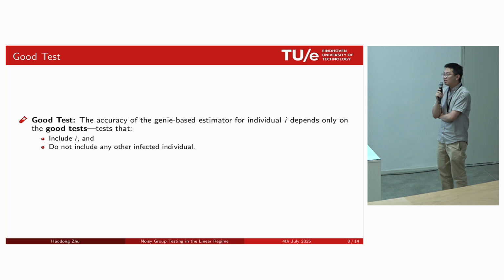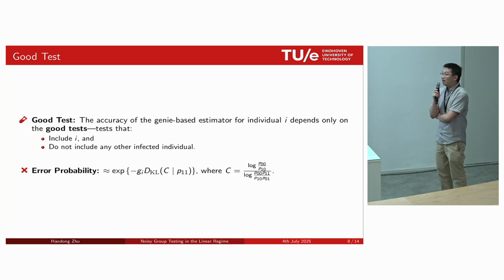In fact, if there are infected individuals in a test, then no matter whether individual I is infected or not, the ideal test result will always be positive, and this test result will give you no information about the infection status of individual I. By large deviation theory, we can also show that the probability that the genie-based estimator makes a wrong prediction on individual I declines exponentially as J_i, the number of good tests of I, increases.